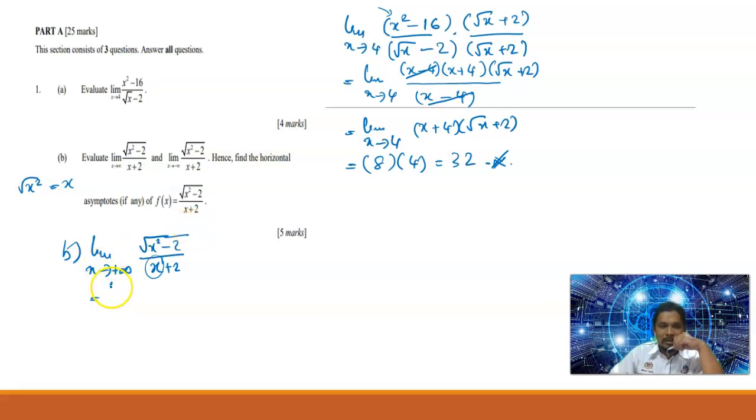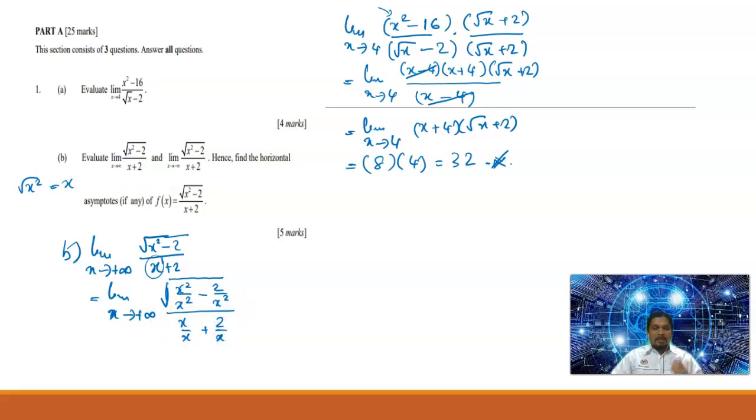Okay, so now for this one, limit x approaching positive infinity. So we have square root of x squared minus 2 divided by x, over x plus 2 divided by x. Okay, so we use this rule here: square root of x squared equals x.